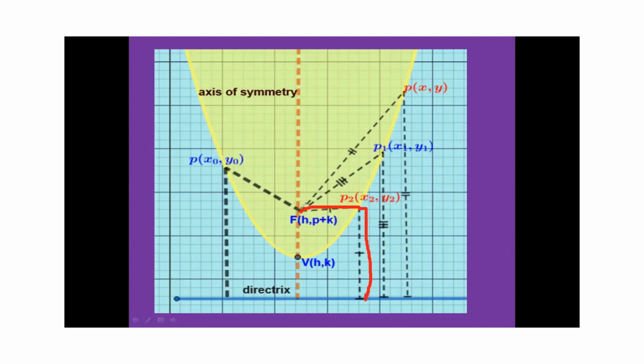That is, the distance from the focus to point P2 equals the distance from P2 to the directrix. This is also the distance from the focus to P1 equals the distance from P1 to the directrix. And also the distance from the focus to P equals the distance from P to the directrix.